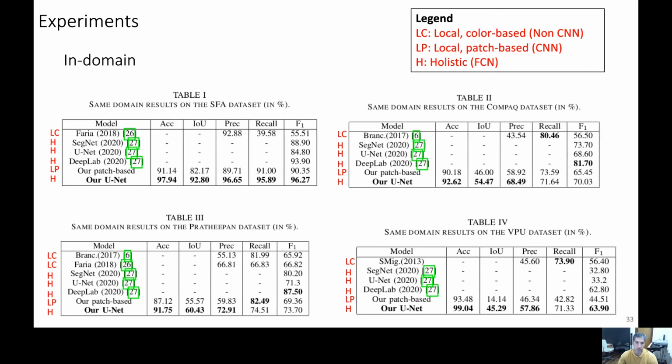The in-domain results clearly show the superiority of data-centric deep learning solutions over traditional color-based approaches. Regarding holistic approaches, our FCN achieved the best F1 score on SFA and VPU. In all datasets, the best model was a holistic approach.